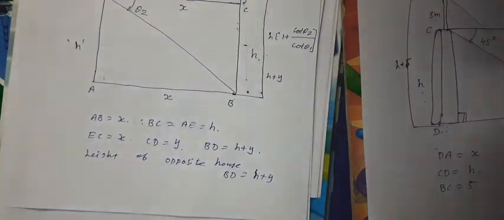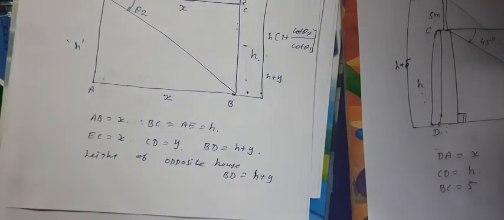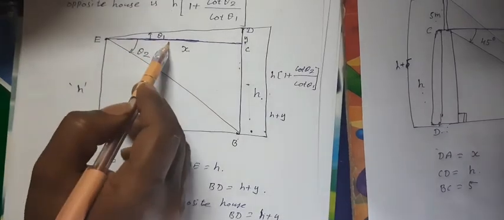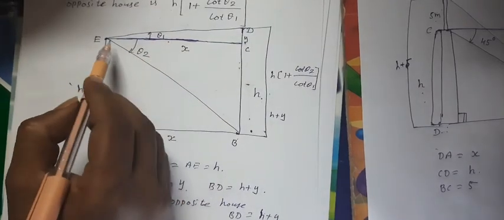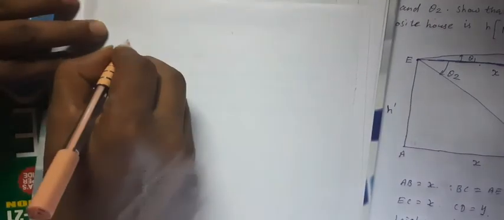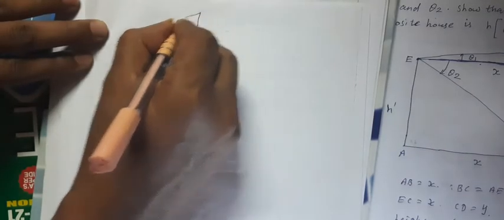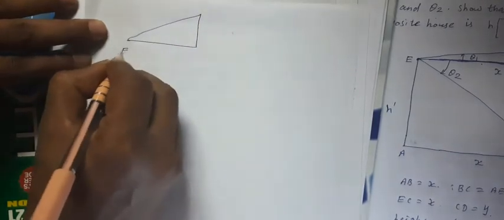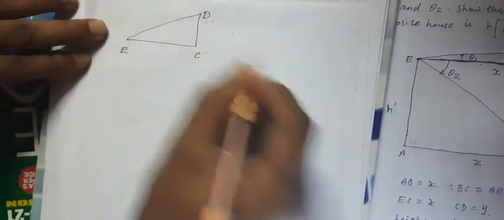Okay, so first I can take the triangle for theta 1. Theta 1 is in the right angle triangle ECD. So take the right angle triangle ECD first.